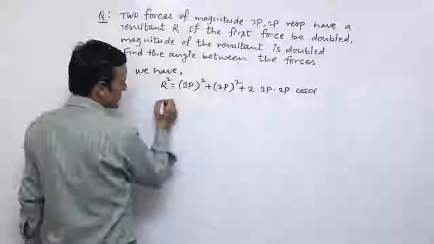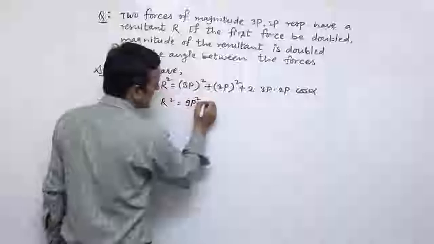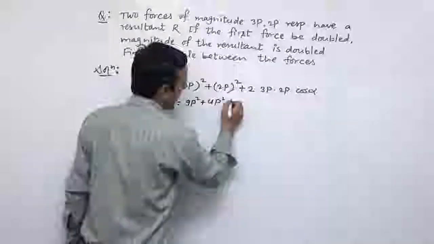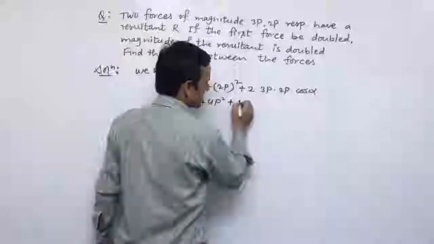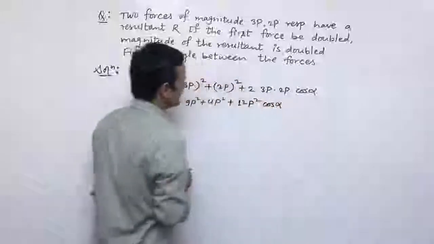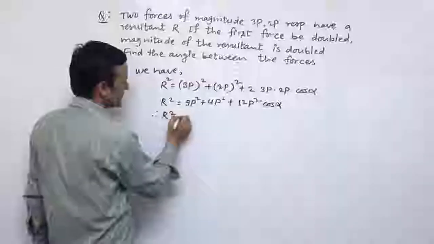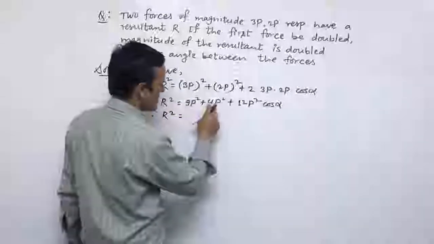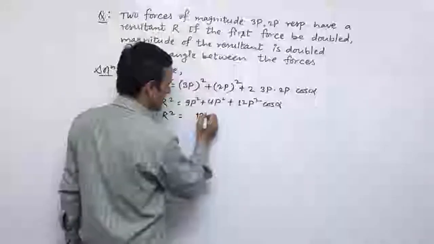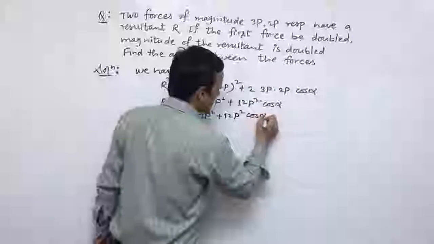So if you solve it, then we get 9p square plus 4p square, 6 twos are 12p square cos alpha. So if you add like terms together, 9 and 4 make 13, so 13p square plus 12p square cos alpha.